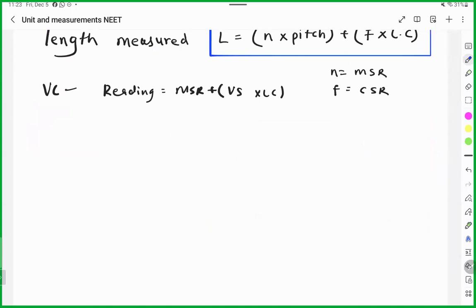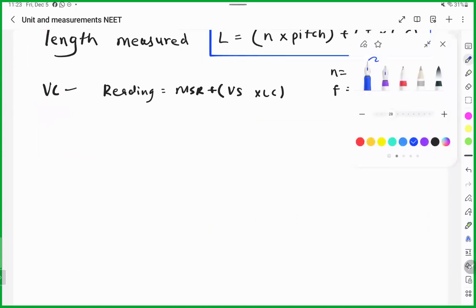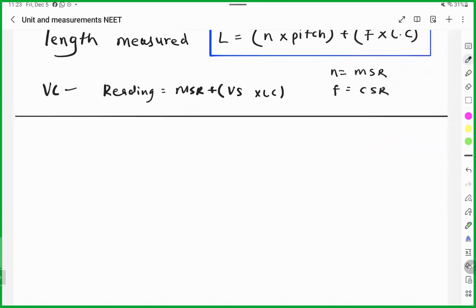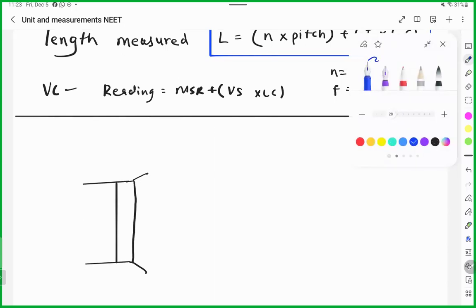I will show the diagram because this kind of diagram you will see in the questions. There will be a zero value in this case.